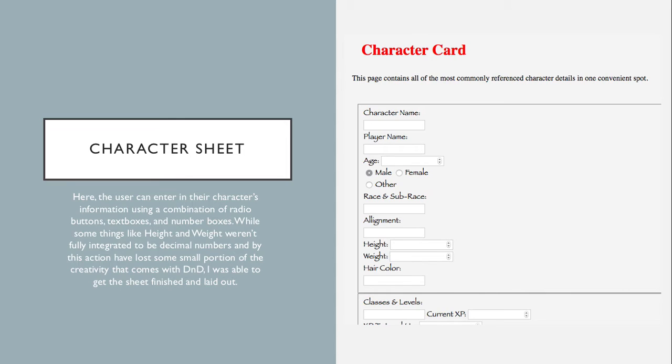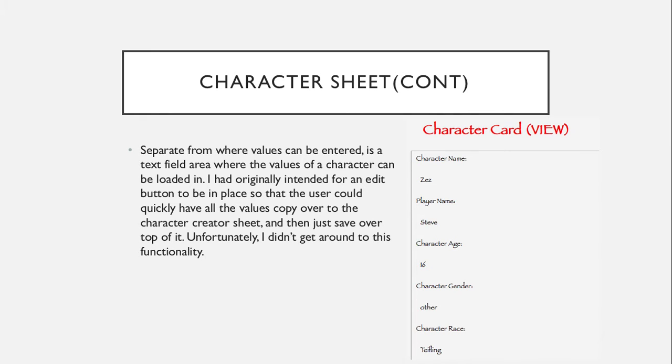So while you can enter in your character's details in the creator, and you can send a third of your character's details to the character viewer, it's still not the full effect that I was going for, but not too terribly far off.